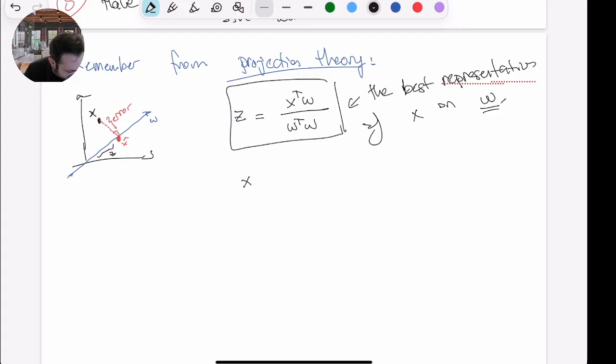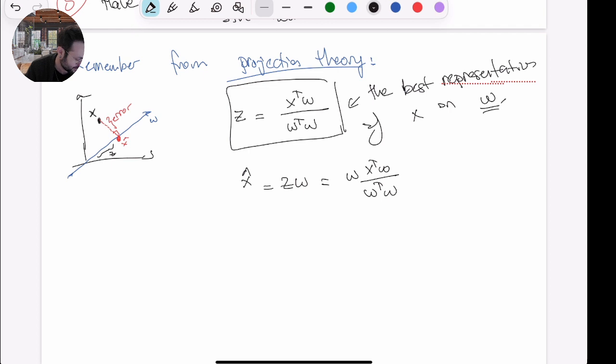So the x hat, then I can reconstruct x hat using the w only, is just zw, which was w times x transpose w over w transpose w, right?